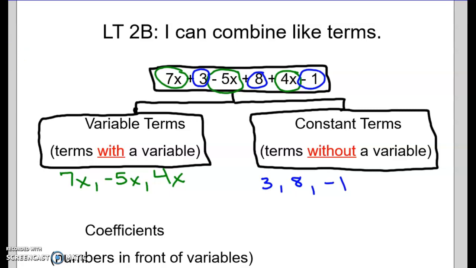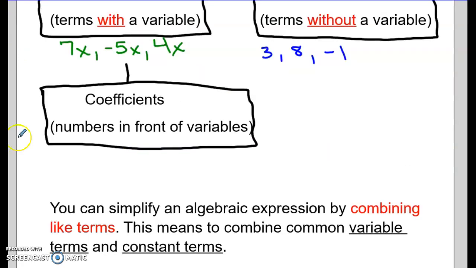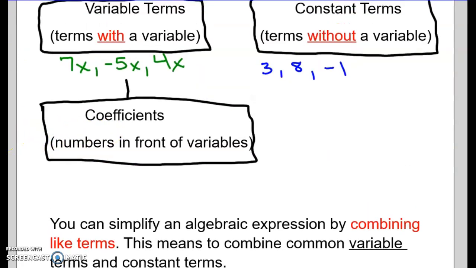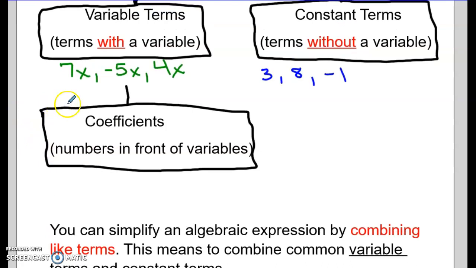From our terms with a variable, we can also identify the coefficient. The coefficient is the number in front of the variable. When we're looking at our variable terms, 7 is the number in front of the variable, so 7 is the coefficient.